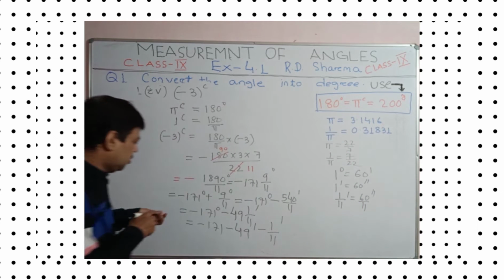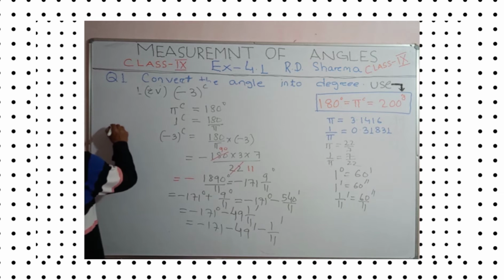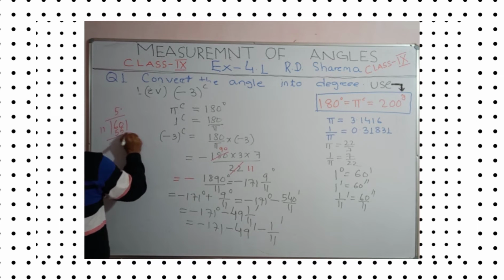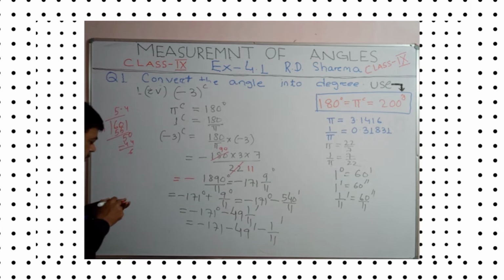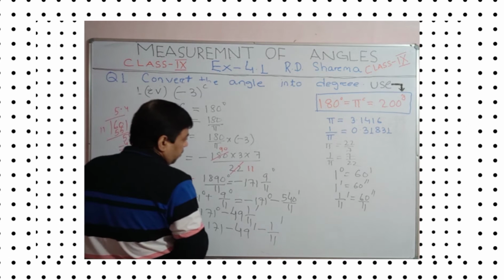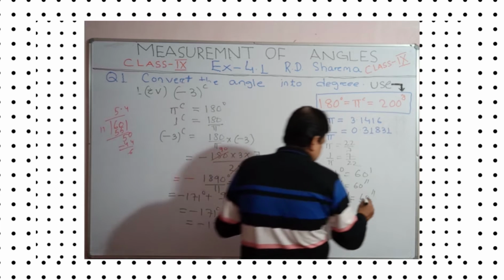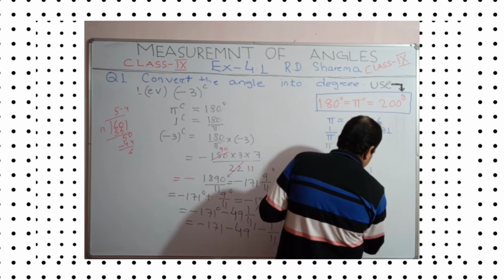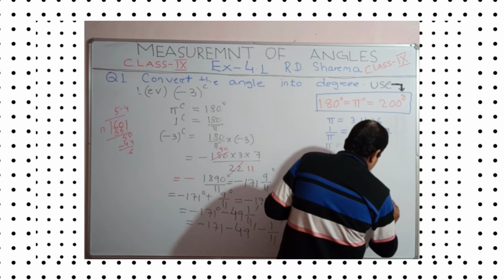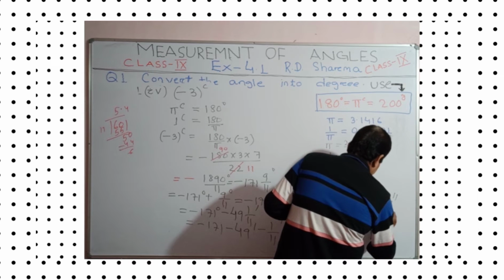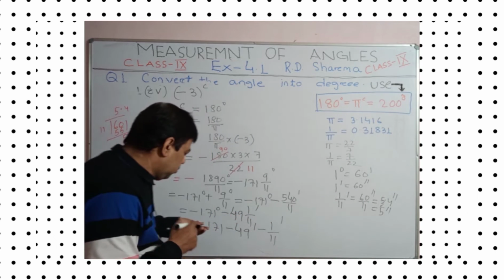So 60 by 11 it will be, 11 fives are 55, 60 minus 55 is 5, okay, 11 fours are 44. So this is the approximate value, 5.4. It will be 5.4 second. Okay, it will be 5.4 second, or approximate value 5 second. So 1 by 11 minute is equal to 5 second.